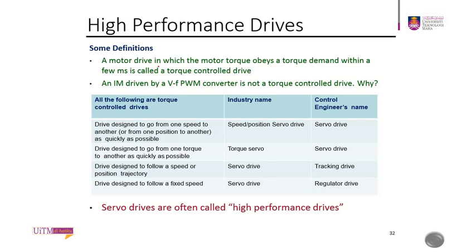A high performance drive is a motor drive in which the motor torque obeys a torque demand within a few milliseconds. So in some applications, you need the agility of the motor to obey a certain torque demand.